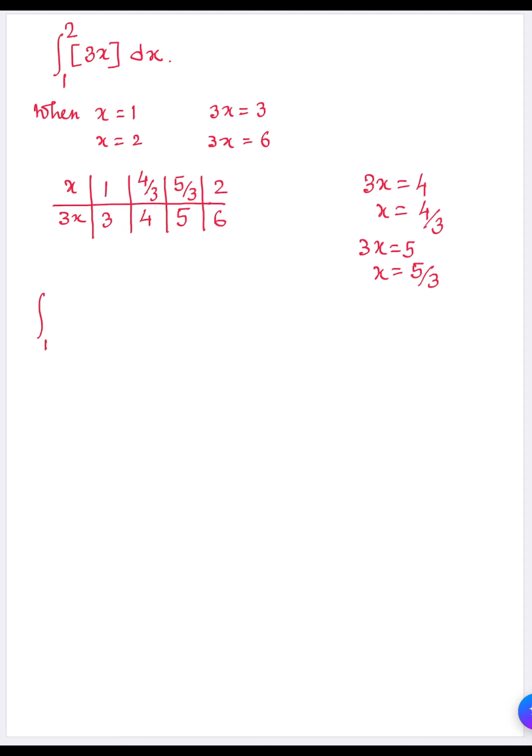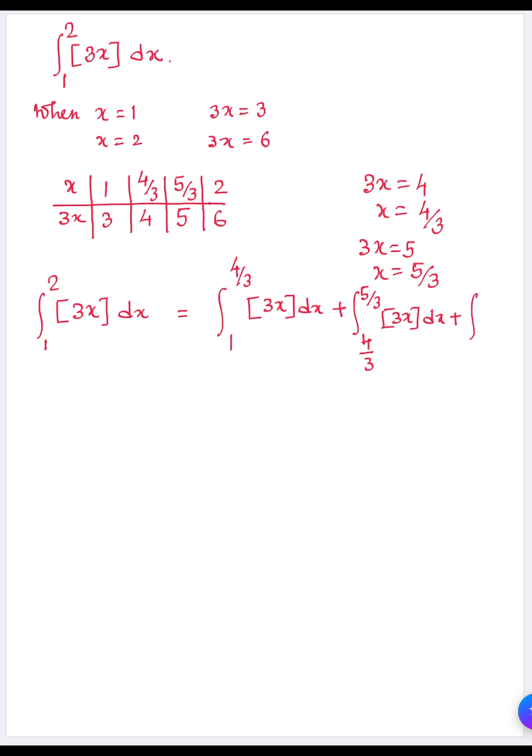Therefore, the integral from 1 to 2 of the greatest integer of 3x dx equals the integral from 1 to 4 by 3 of the greatest integer of 3x dx, plus the integral from 4 by 3 to 5 by 3 of the greatest integer of 3x dx, plus the integral from 5 by 3 to 2 of the greatest integer of 3x dx.